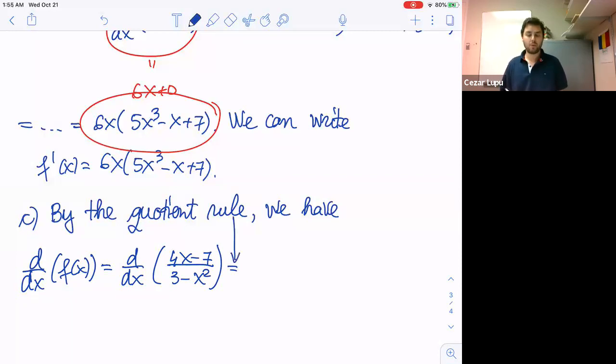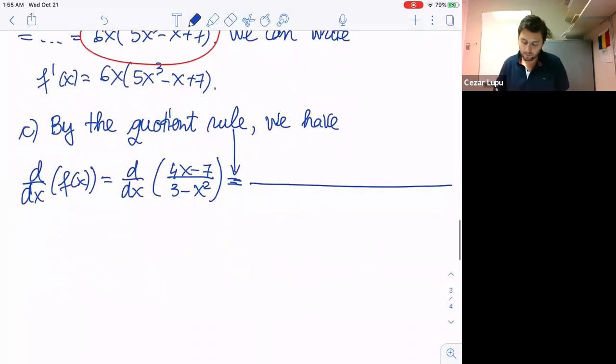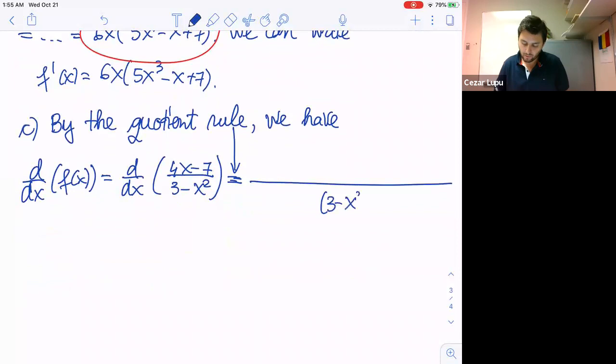At this moment we apply this, and this will be equal to the following. I'm going to write it in this way. We're going to have a fraction here. On the bottom will be 3 minus x squared, everything squared. So the function on the top is f, the function on the bottom is g.